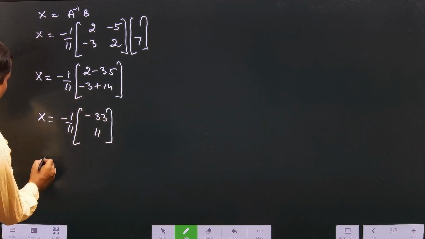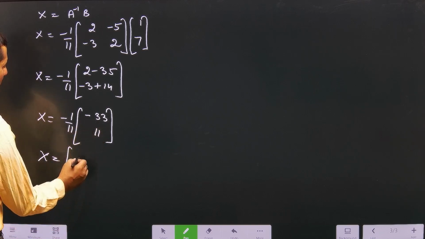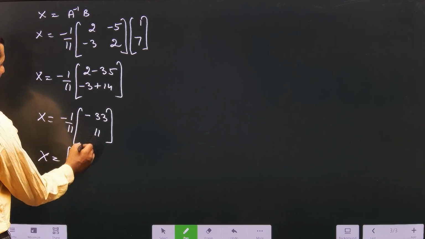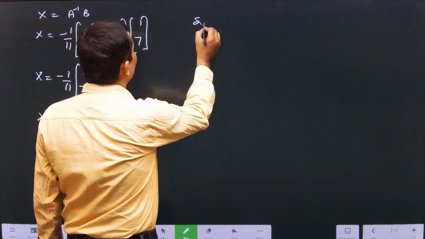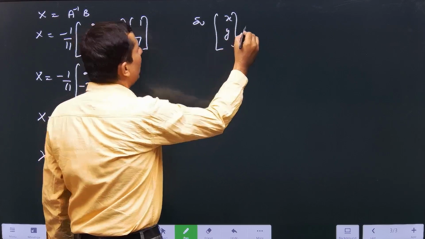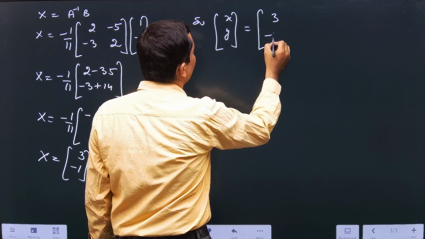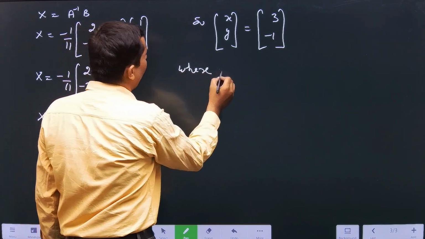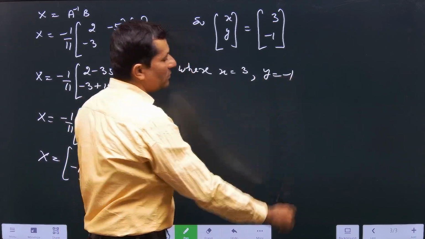Now multiplying, x is minus 1 upon 11 into minus 33, which is 3, and y is minus 1 upon 11 into 11, which is minus 1. So x is equal to 3 and y is equal to minus 1.